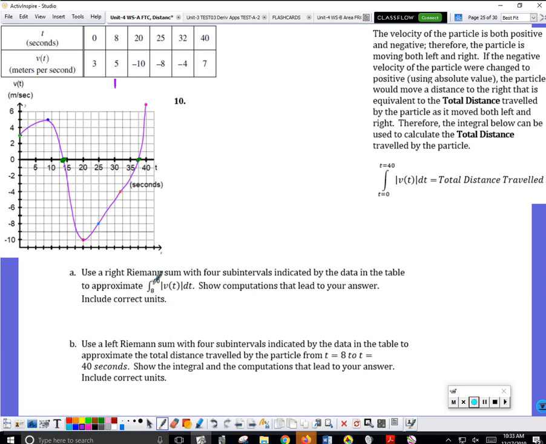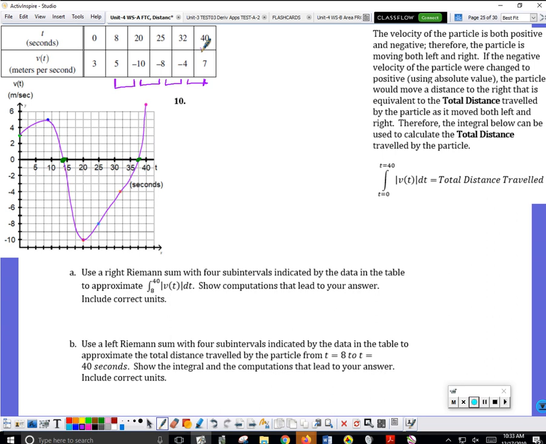Go to time equals 40 and use the subintervals as indicated by the table. So there's the first one indicated by the table, second, third, fourth. The first subinterval is 12 seconds long. The second subinterval is 5 seconds long. The third subinterval is 7 seconds. Fourth is 8. You just use the table.